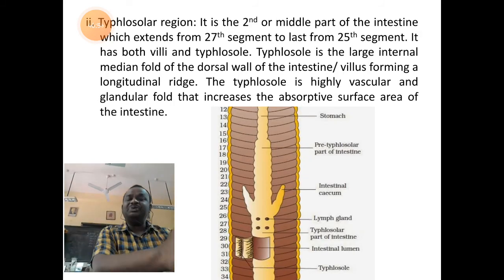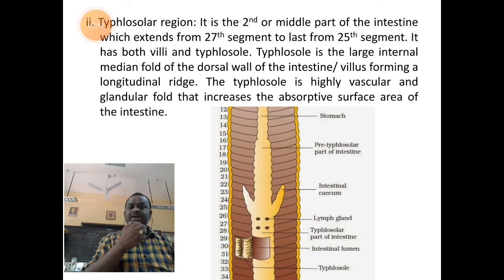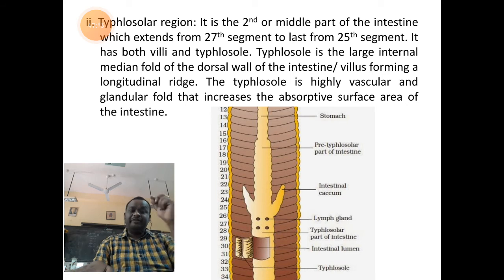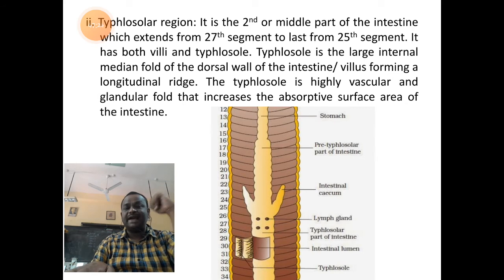The second part we have is the typhlosolar region. It is the middle portion of the intestine, which starts from the 27th segment till leaving the last 25 segments. It has villi, finger-like projections of small size, and one larger structure seen towards the mid dorsal side called the typhlosole.